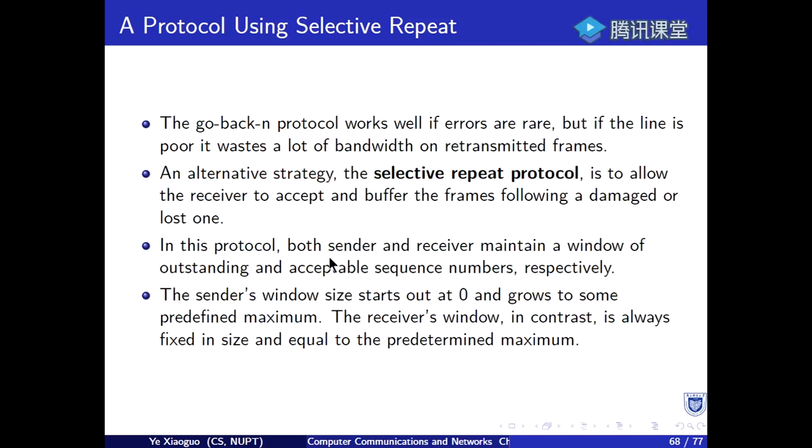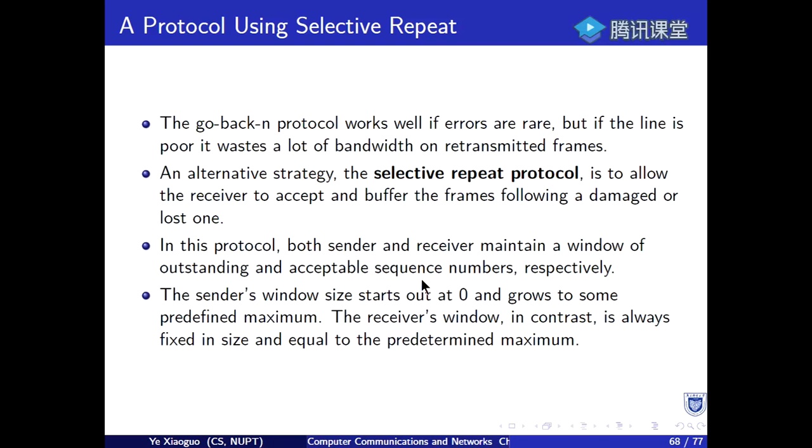In this protocol, both sender and receiver maintain a window of outstanding and acceptable sequence numbers, respectively. The sender's window size starts out at 0 and grows to some predefined maximum.